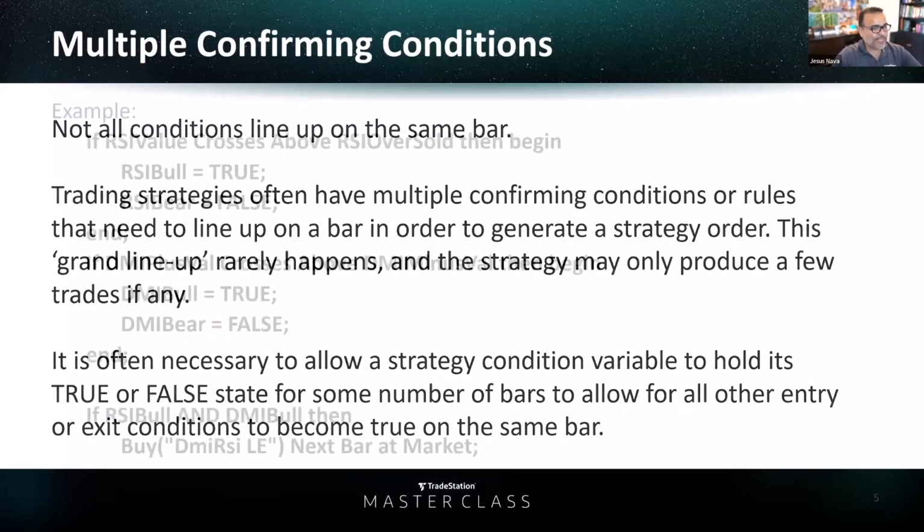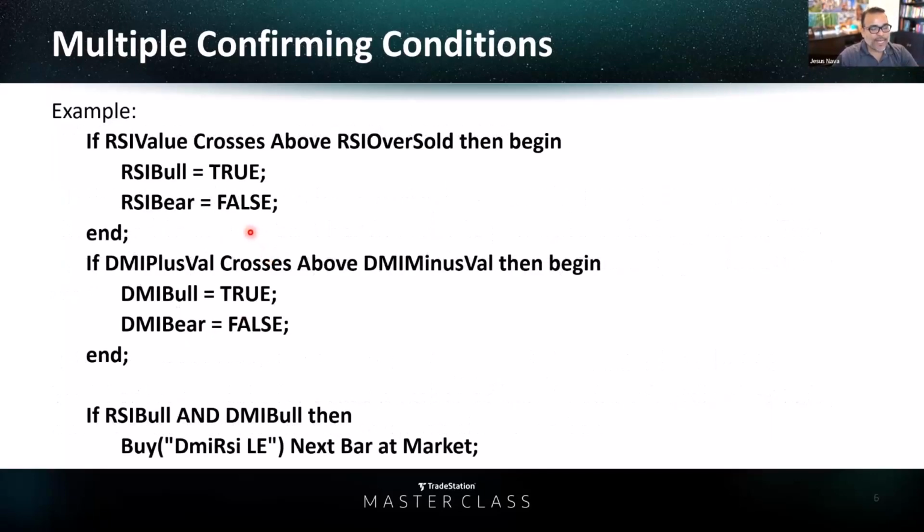And if you look at the example that's here, notice that this uses RSI and it uses DMI. The top one: if the value crosses above RSI oversold, then begin. And you have an RSI bull flag and an RSI bear flag that are true or false.